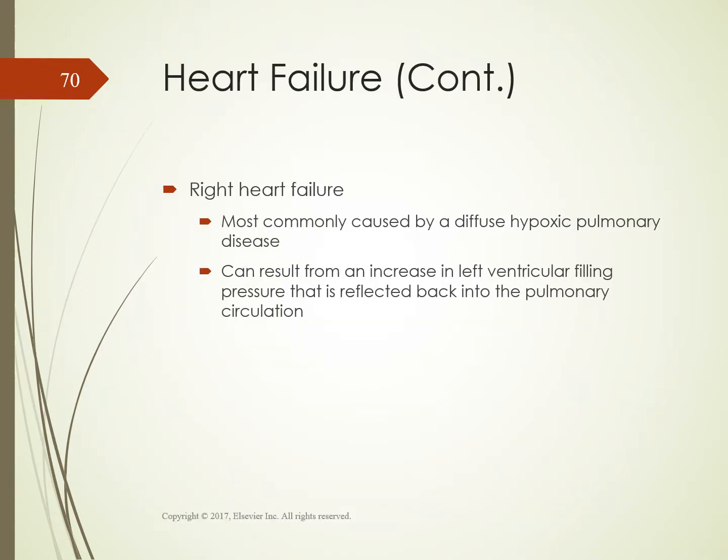Right heart failure is most commonly caused by diffuse hypoxic pulmonary disease, and can result from an increase in left ventricular filling pressure that is reflected back to the pulmonary circulation. It is defined as the inability of the right ventricle to provide adequate blood flow into the pulmonary circulation at normal central venous pressure.